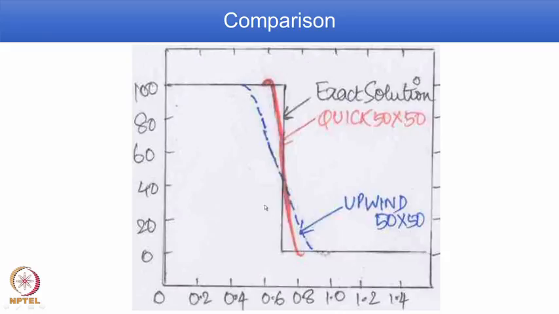So, in today's class we have seen in detail about QUICK formulation. I mentioned in detail two situations, when the flow is from left to right, and when the flow is from right to left, how to evaluate the variable value on east phase and west phase accordingly from a generic quadratic interpolation formula.